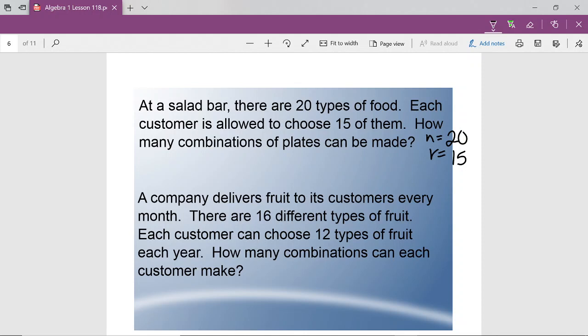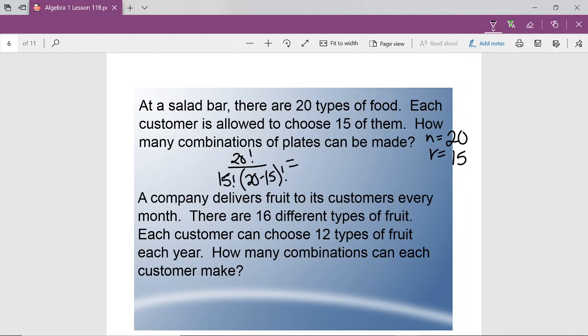And we plug it in to say 20 factorial over, well, the different ways to order those are choices, so 15 factorial times 20 minus 15 factorial. So there's a lot that can cancel out here.